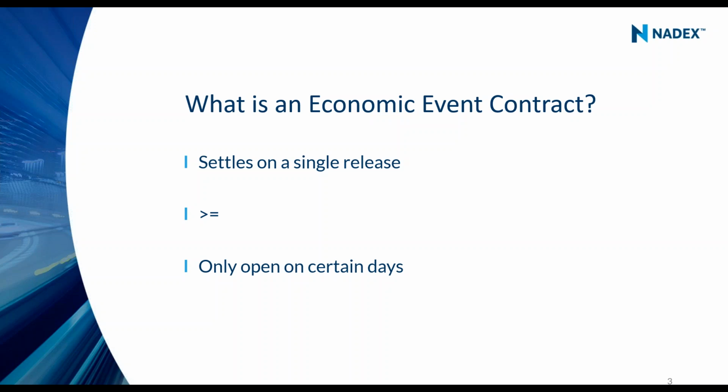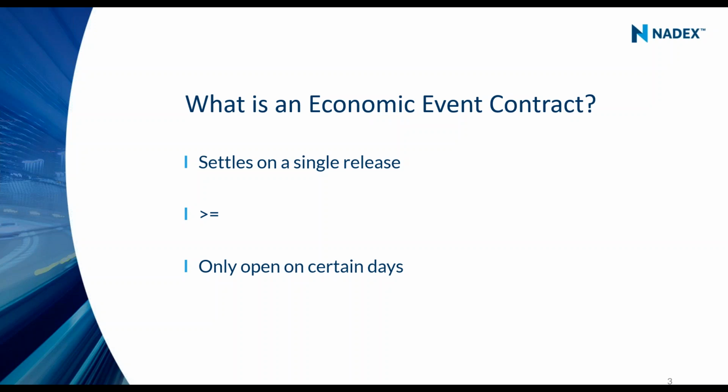So we actually close our contracts at 8:25 a.m., so right before the release. So about 5 minutes before we shut them off, the release happens, we settle the contracts, and you get your payout or lack of payout, depending on if you were correct or not in your trade. So that is why you won't be able to open up charts or anything like that on these event contracts. Or if you do open up a chart, there's not going to be any data there, any information there.